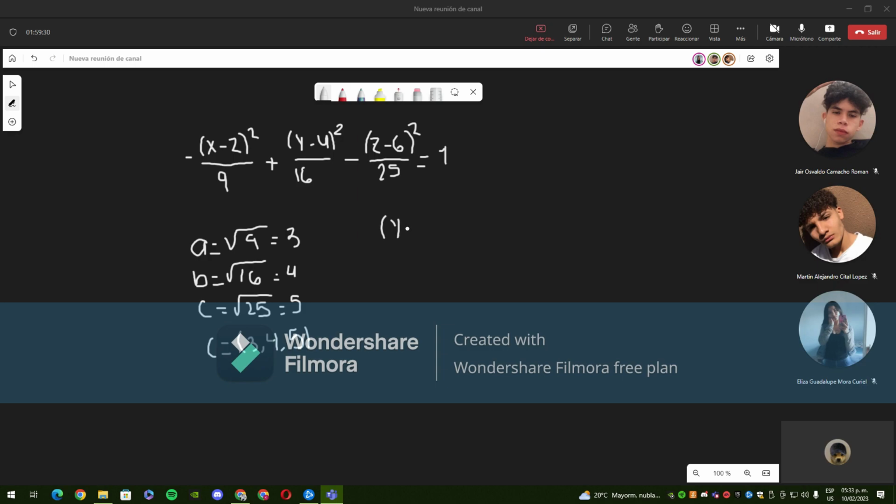For y: less 4² over 16 less (z - 6)² over 25 equal 1.